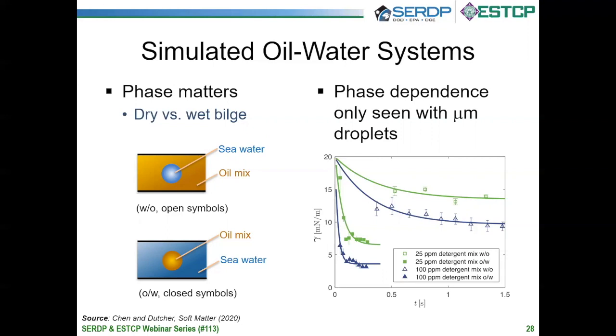Maybe it'll be a little faster depending on the surfactants in the continuous or dispersed phase, but it's going to reach the same equilibrium interfacial tension value. But as you drop down to the micrometer scale, when there's a high degree of curvature, the surfactant approaching from the concave versus the convex side will impact the final equilibrium coverage, or at least the sterically hindered coverage available for that interface, and it'll impact the final equilibrium value.